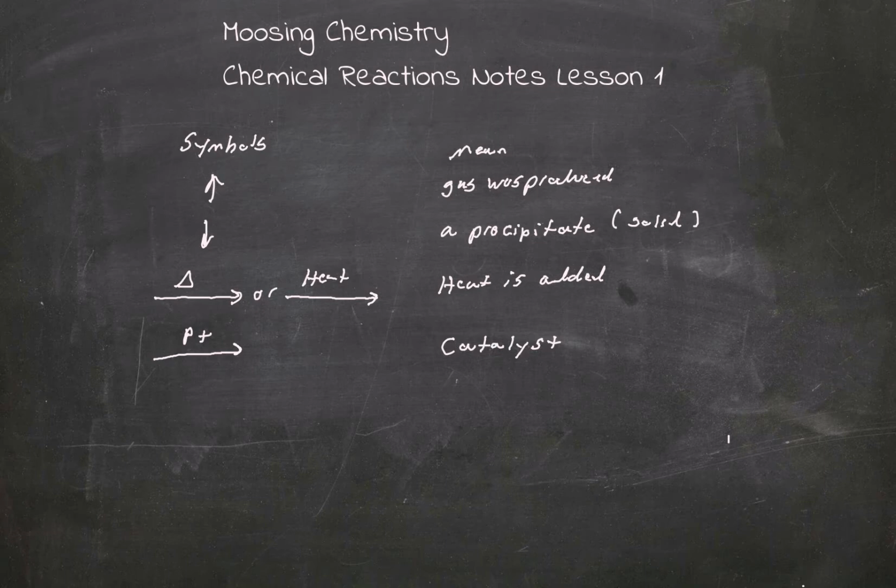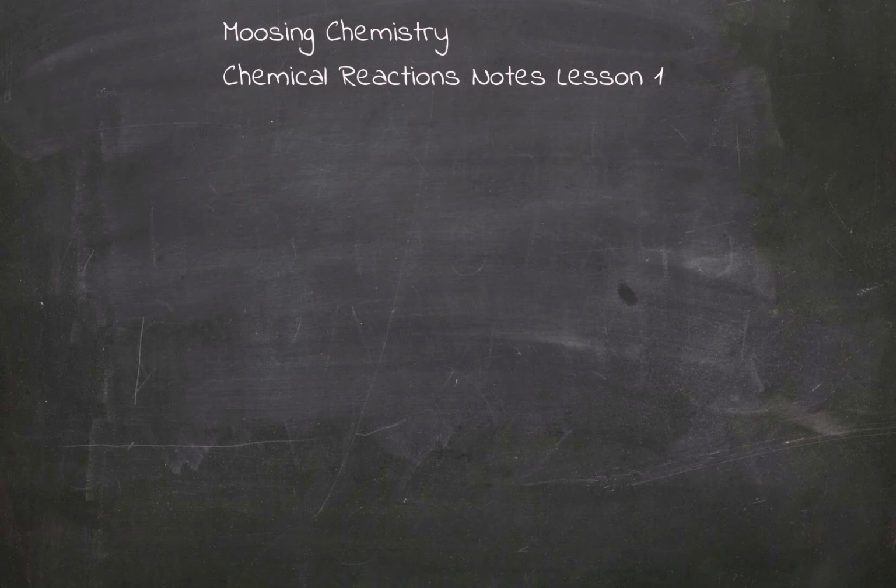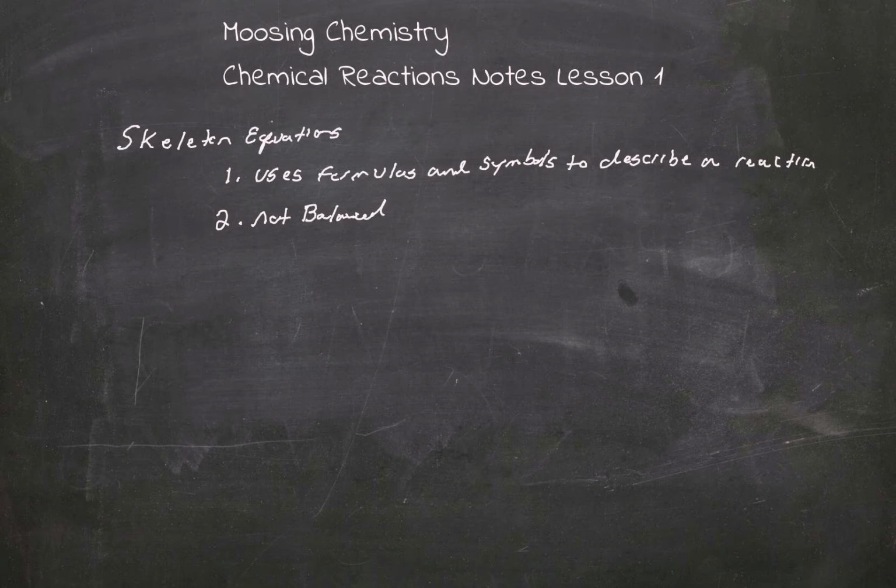Now, a couple other things we want to talk about. So we're going to go ahead and clear these drawings here. And again, this is all just basic information on chemical reactions. Now, when we're talking about the equations, the first thing you may write in a chemical equation, let's make it pretty simple.